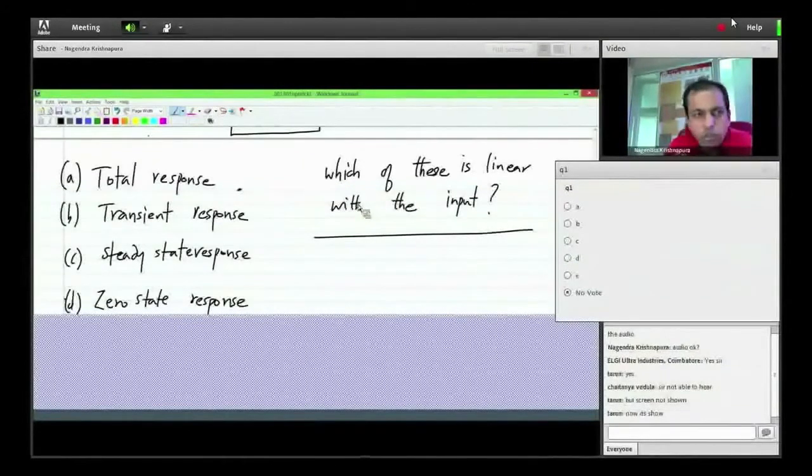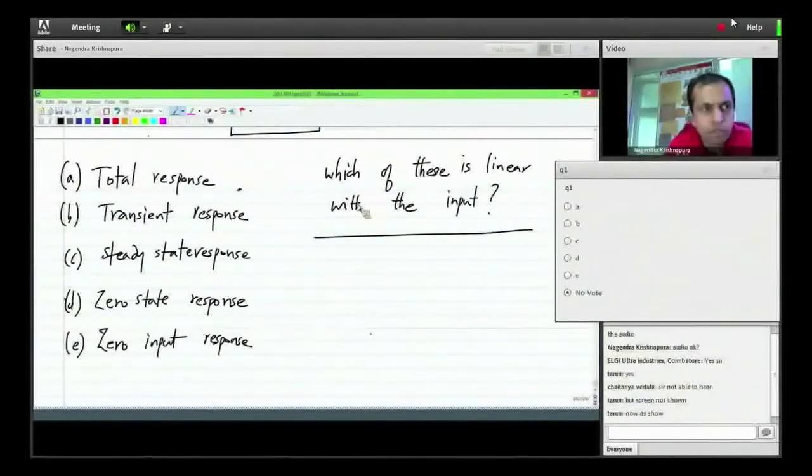You can also indicate your choices on the poll that has appeared. Now I have listed 5 responses, all either the total response or part of the total response of a first order RC circuit. My question is, which of these is linear with the input to the RC circuit? And of course we are only considering step inputs at this time.